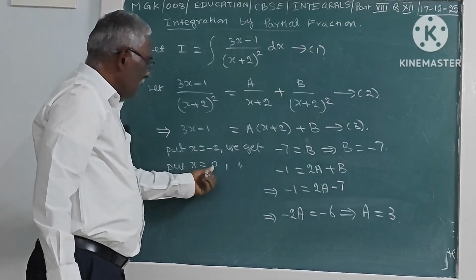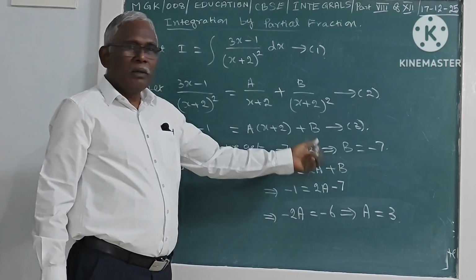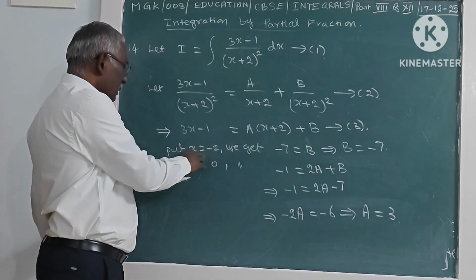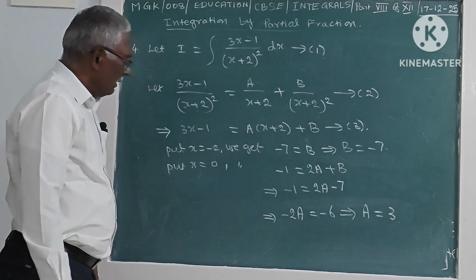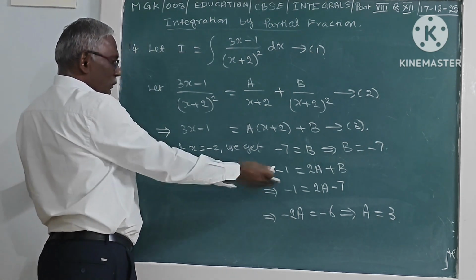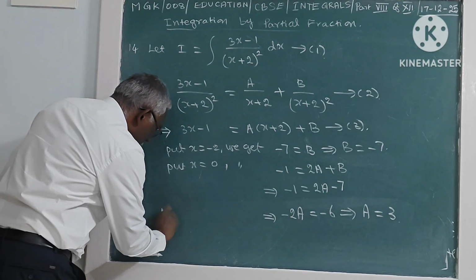So instead of taking 0, here x plus 2 was there, we put x is minus 2, we got the value of b. We took x is 0, we put and we got the value of a is 3. So let us put x is 1 and see what value we are getting for a. Again we will be getting 3 only. Put x is 1.